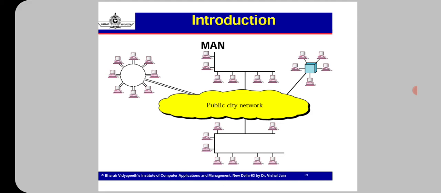MAN is used to connect different small networks, so by using MAN we may connect a small number of computers and small networks from one city to another city, or twin cities. Here we use public networks like cable networks or TV networks.